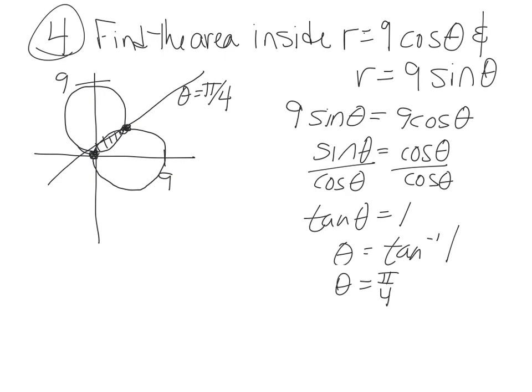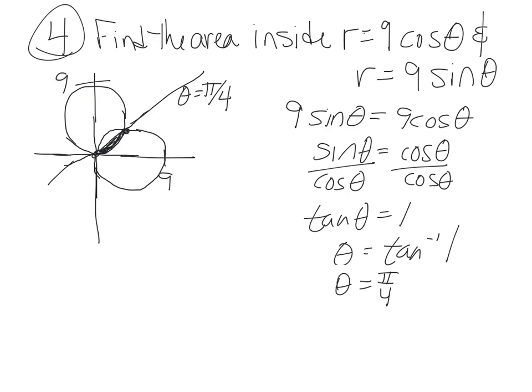So, what I could do on this particular example is I could find the area that falls inside just one of the circles from 0 to pi over 4. My picture is not very good. Let me see if I can clean this up a little bit. So this area right here is going to be inside of the sine circle equation.